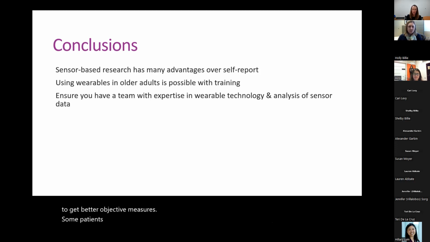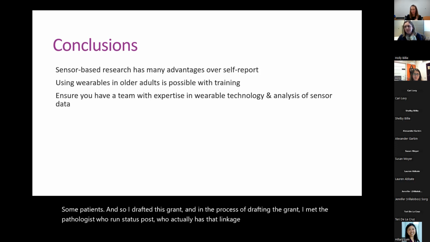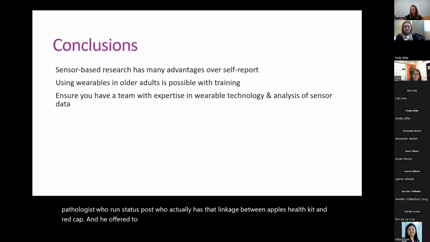I drafted this grant, and in the process of drafting it, I met the pathologist who runs Status Post, who has that linkage between Apple's HealthKit and REDCap, and he offered to help me with this work.